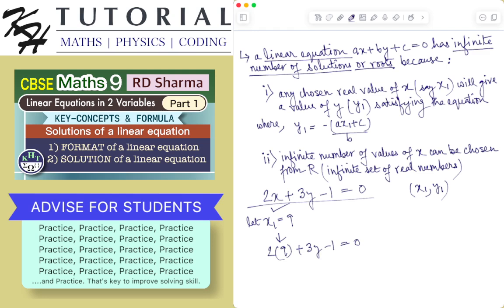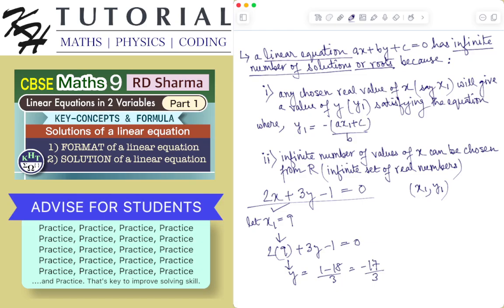Clearly, this is a linear equation in one variable y, and we can solve for y. We will get a unique value of y. This implies y will be equal to (1 minus 18) divided by 3, which is minus 17 by 3. I'm not really concerned about the values. y is equal to minus 17 by 3.